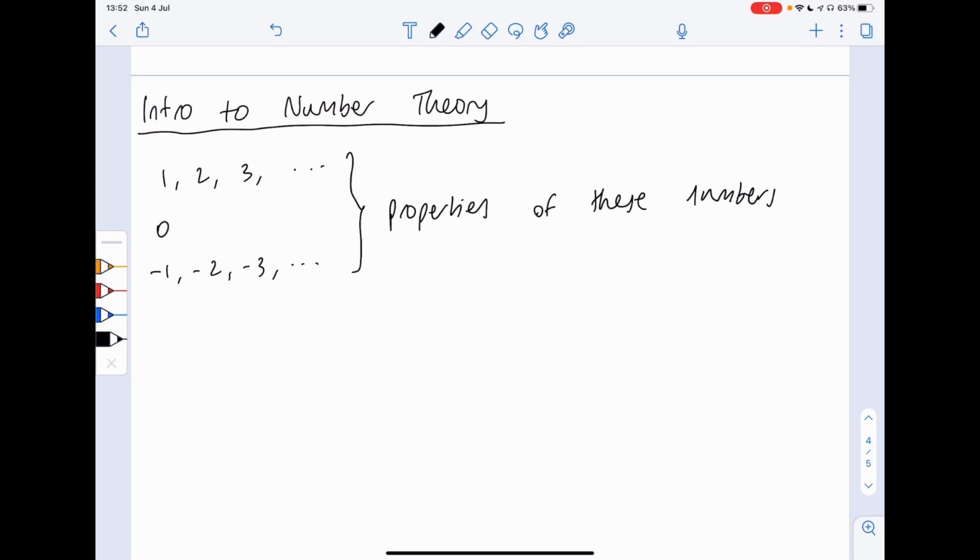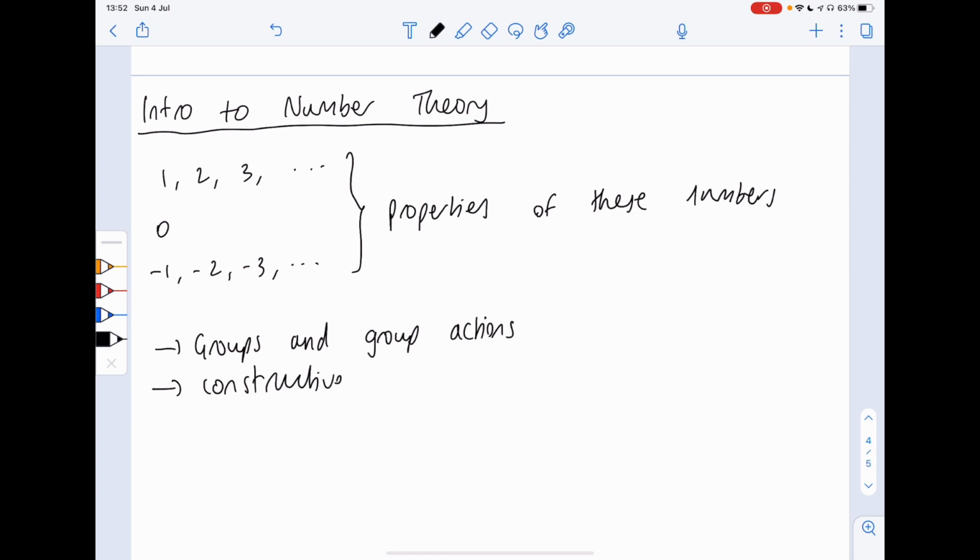I'll maybe tell you how much you would study at university. So in the first year, you learn a little bit about number theory in a couple of courses called groups and group actions, and then constructive maths. So these two courses in the first year at Oxford would give you a bit of an idea about what number theory is about.